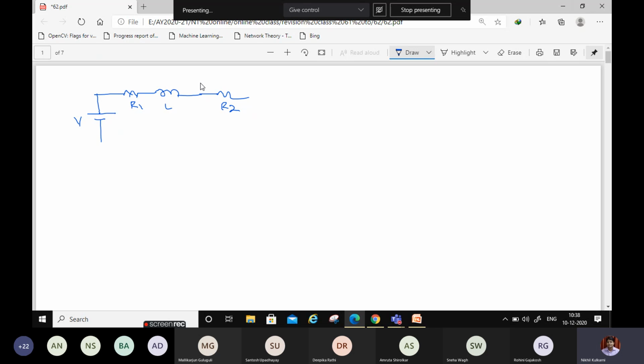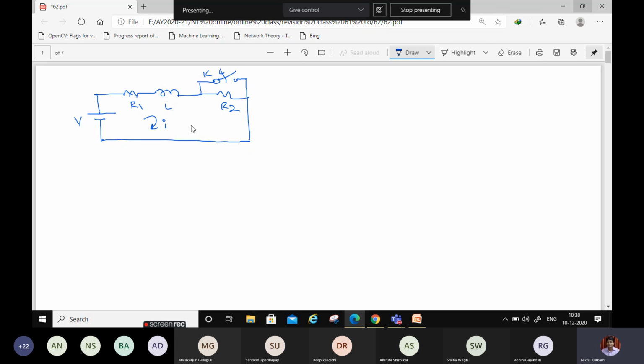We had a switch here, right? Current I was given. This problem was asked in 2004.